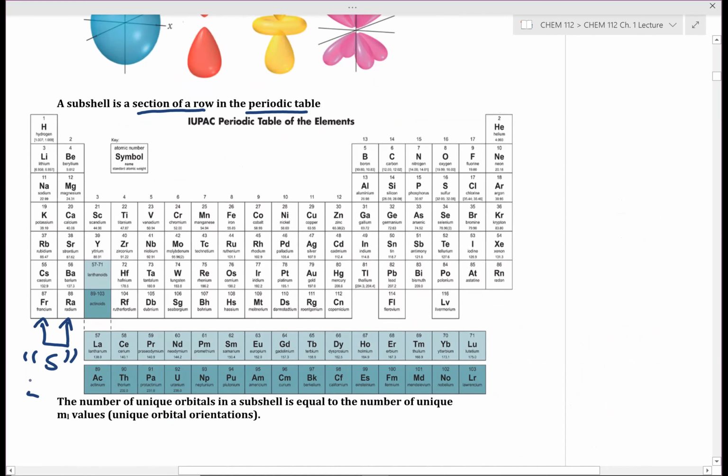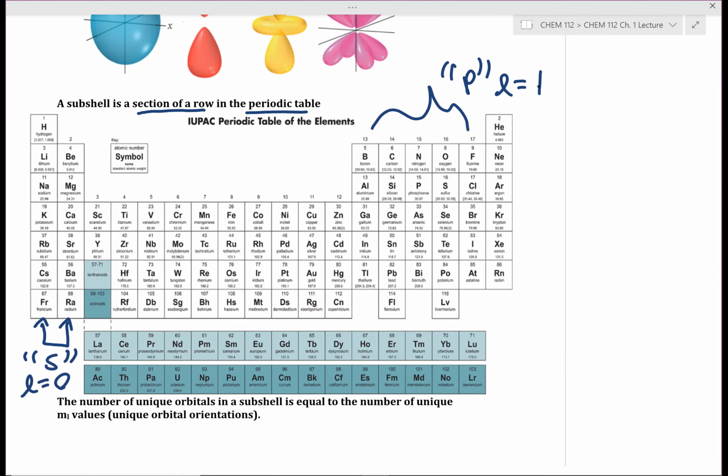This is also known as the L equals 0 subshell. The next major region is this region of 6 elements shown here. This is known as the P block or P subshell that corresponds to L is equal to 1.